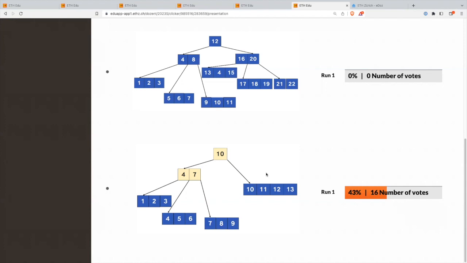Why is the second one not a 3-5 B plus tree? This one has light yellow for the intermediate non-terminal nodes, right? So why is that not a 3-5 B plus tree? You can answer on Zoom as well, if you want.